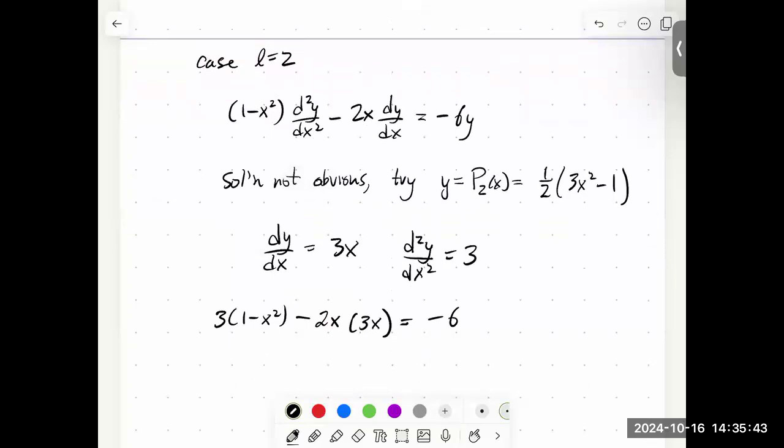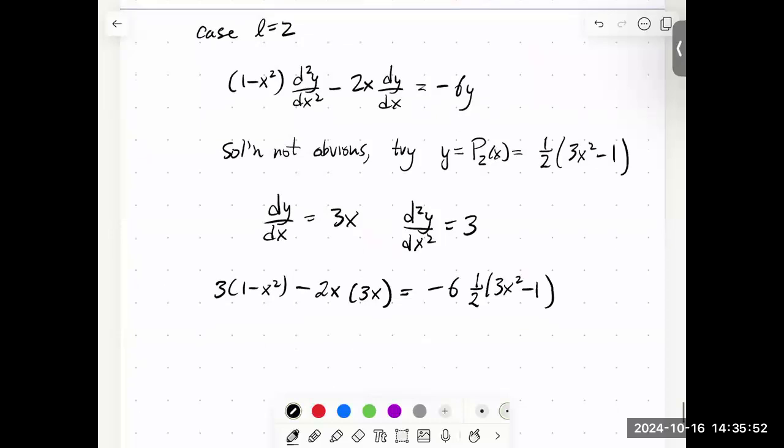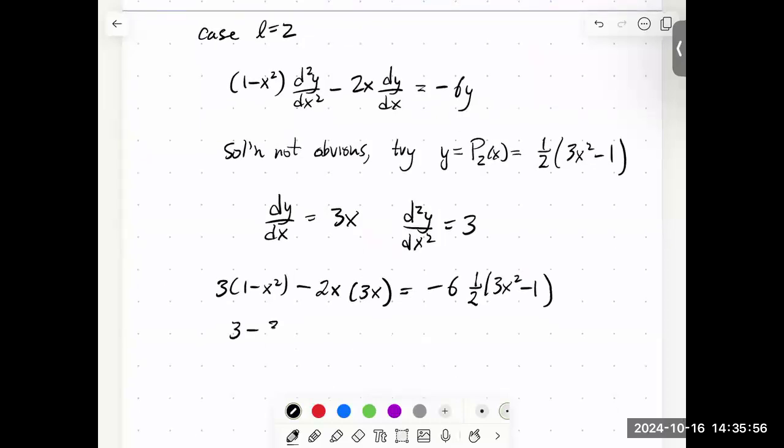But for y, we've chosen the second Legendre polynomial, or the L equals 2 polynomial. All right, and let's see what we have. We have 3 minus 3x squared minus 6x squared is equal to, okay, so 6 divided by 2 is 3, so 3 times 3 is 9x squared, and there's a minus sign, minus 9x squared, and then plus 3.